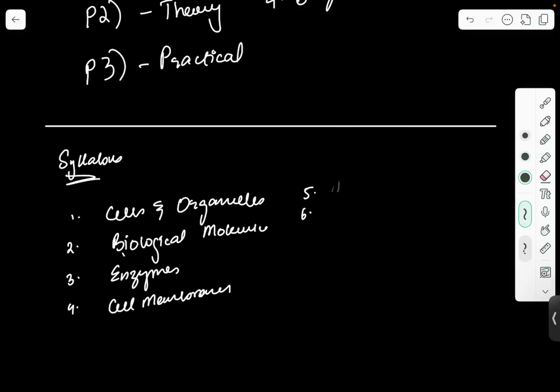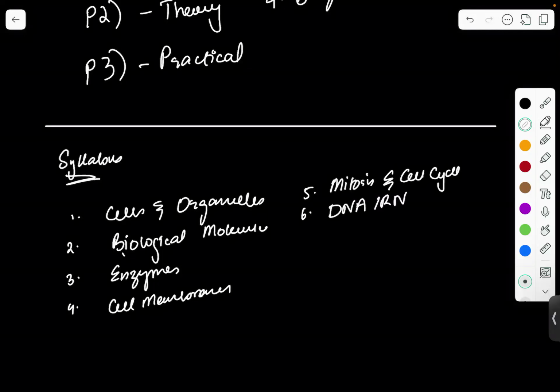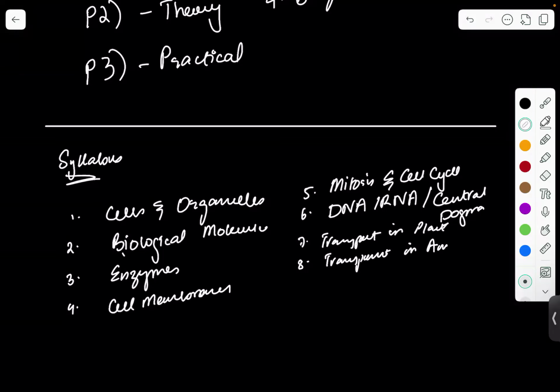Then you have 5 and 6, which are on mitosis and the cell cycle. And then you have 6, which is on DNA and RNA, translation, transcription. So I'll just call this central dogma, right? Then you have 7 and 8, which is transport in plants and transport in animals.